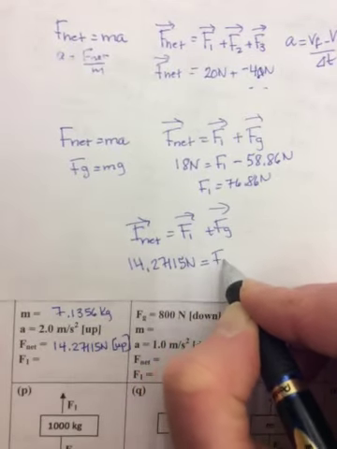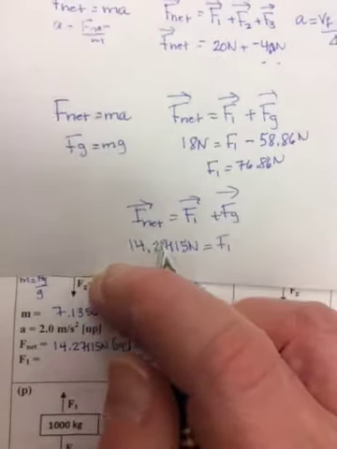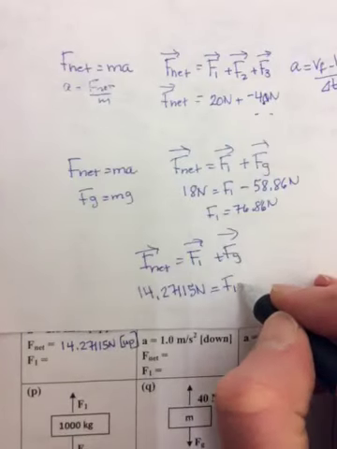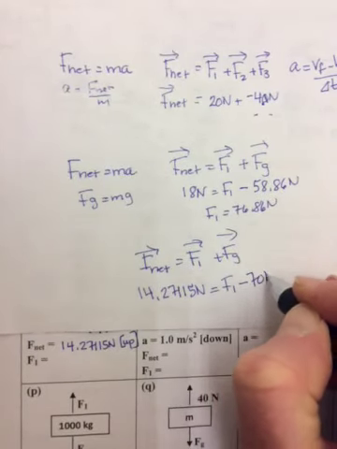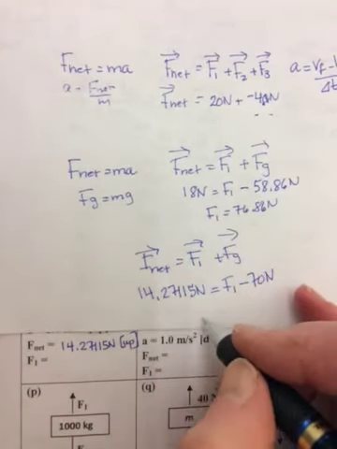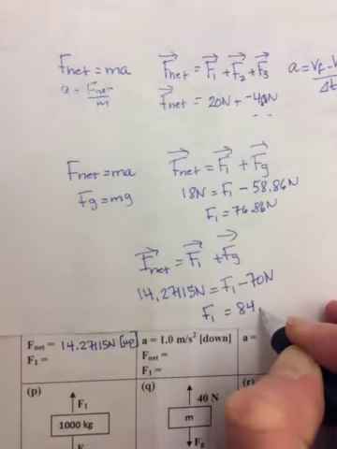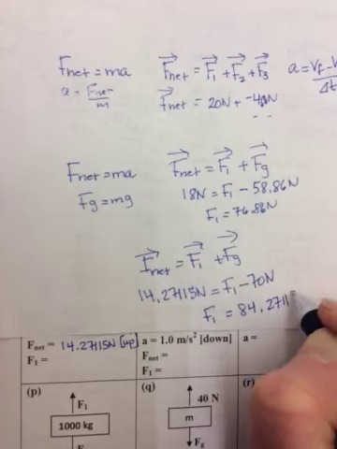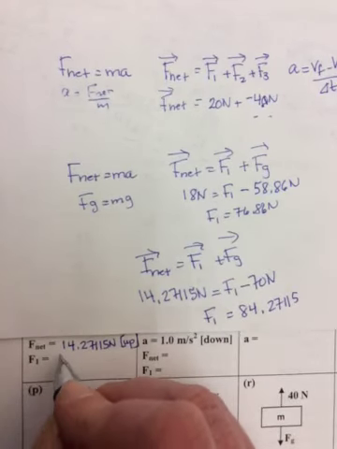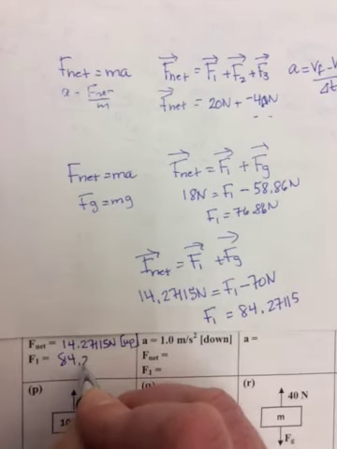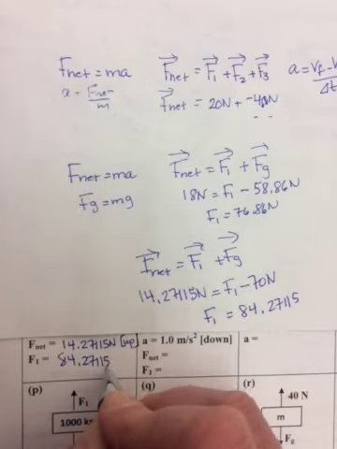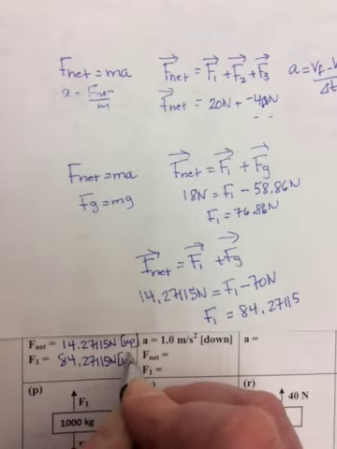We're looking for F1, and Fg, we were told, was 70, so it'll be minus 70 newtons. Bring the minus 70 over, it becomes positive, and you get 84.27115 newtons. Ends up being positive, which means it's going up, 84.27115 newtons up.